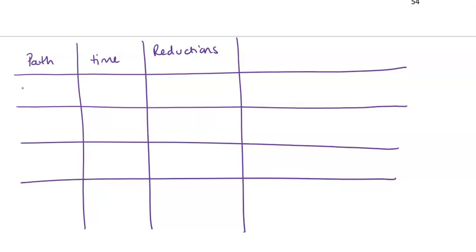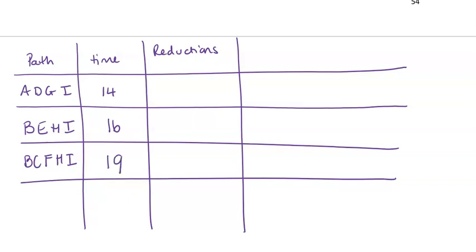Okay, so one path through the graph, A, D, G, I, and the current time there is 14. Another path is B, E, H, I, and that is 16. Finally, B, C, F, H, I, which was our critical path, and we said that was 19.